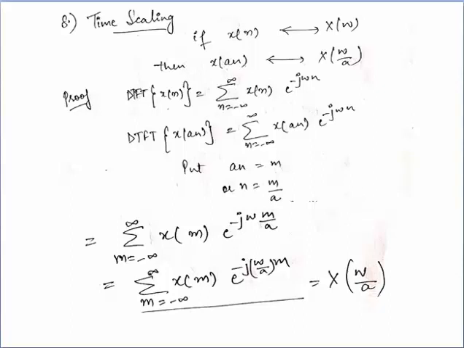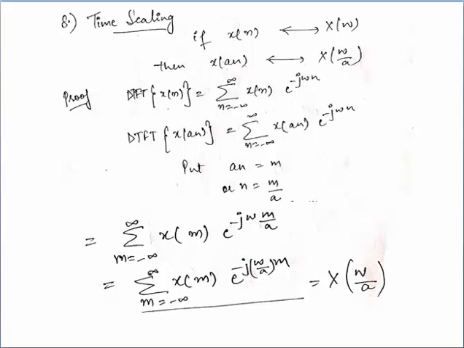Now instead of x(n), we have to write x(an). DTFT of x(an) is equal to summation n tends to minus infinity to infinity x(an) e raised to power minus j omega n. Put an is equal to m, or n is equal to m by a. Therefore the equation becomes summation m tends to minus infinity to infinity x(m) e raised to power minus j omega m by a.